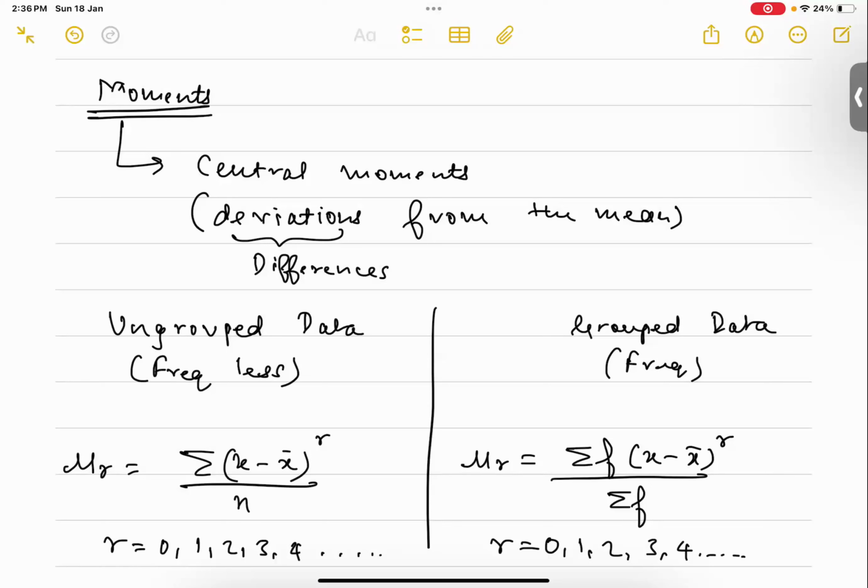I hope everybody has copied this. So exercise 14.7, question number 1, sub question 2. Find first four central moments. They're asking you central moments.